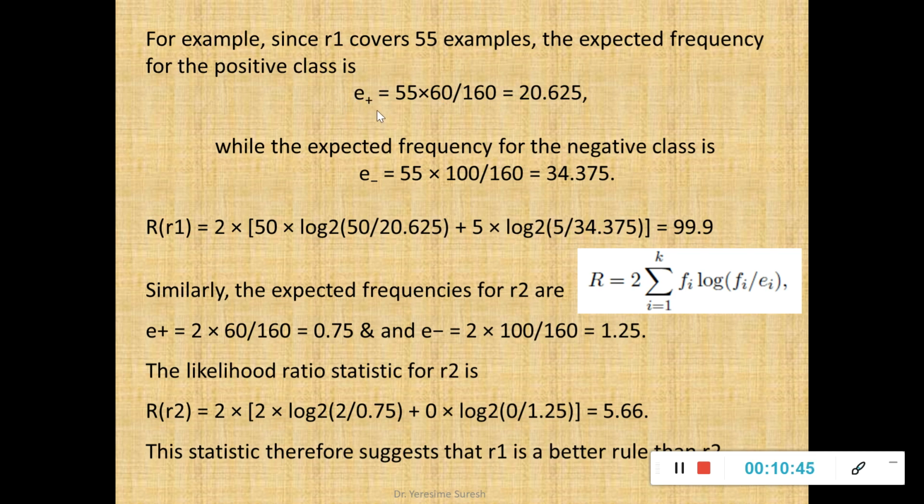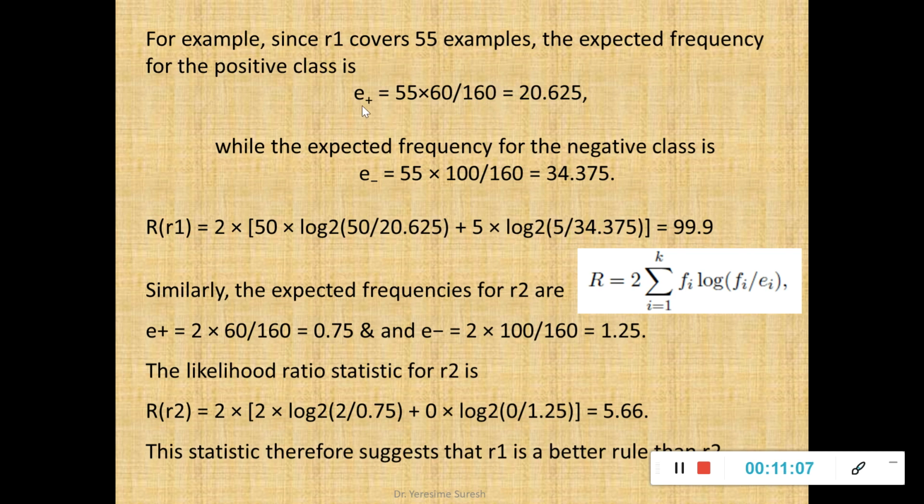set. So the expected frequency for rule R1 with respect to the positive class is: number of instances covered is 55, multiplied by the number of positive instances in your training set, 60, divided by the total number of instances in your training set, 160. 60 positive, 100 negative, 60 plus 100 is 160. I have taken the same count.